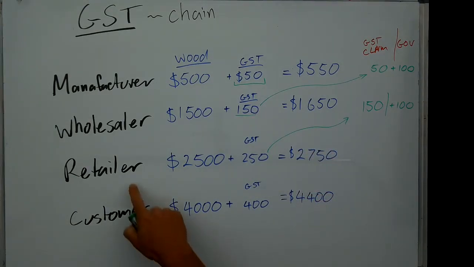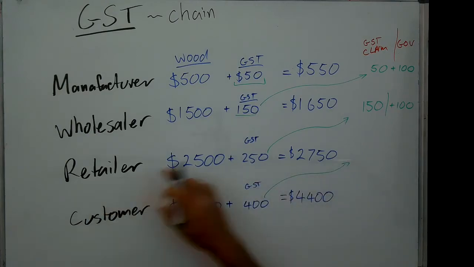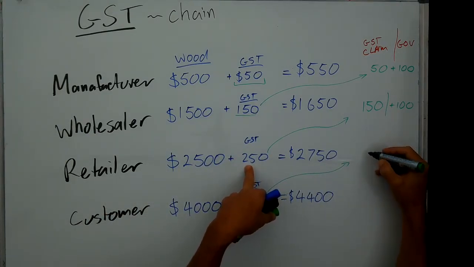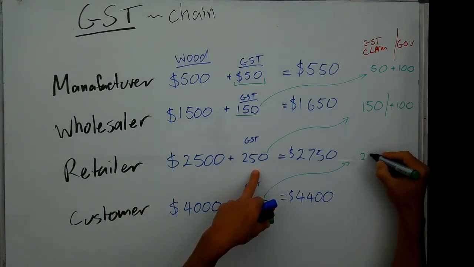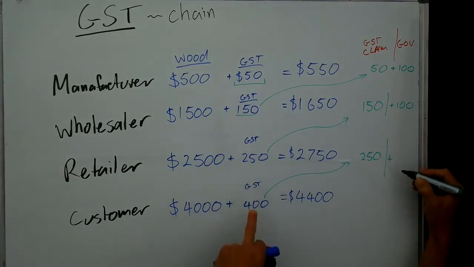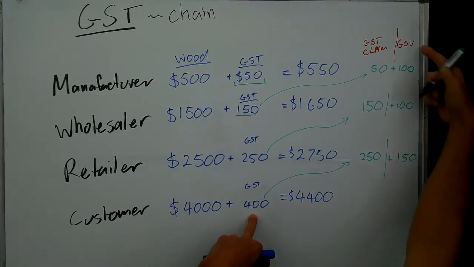But the retailer has now collected $400 in GST, which they put into their account. And they're going to say, well, we spent $250 GST from the wholesaler. At the end of the financial year, they claim that back. And what's left over? Another $150, which goes to the government.